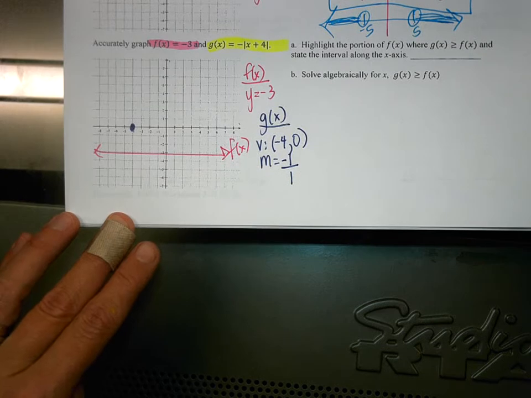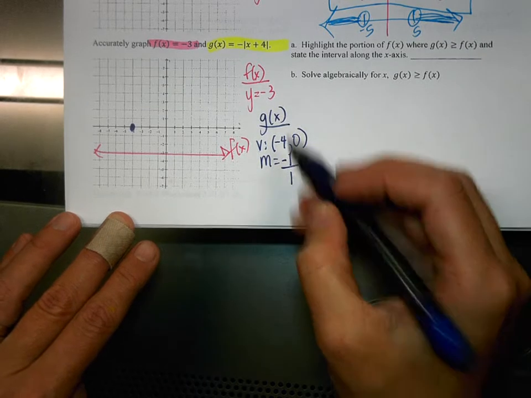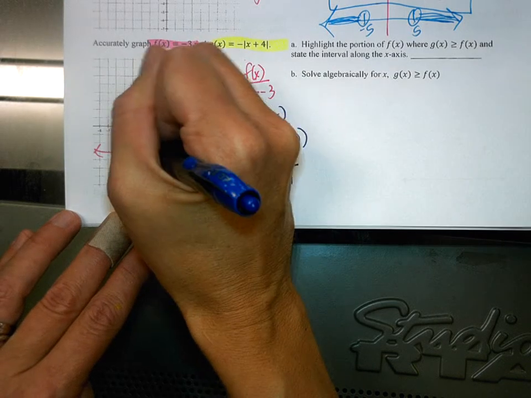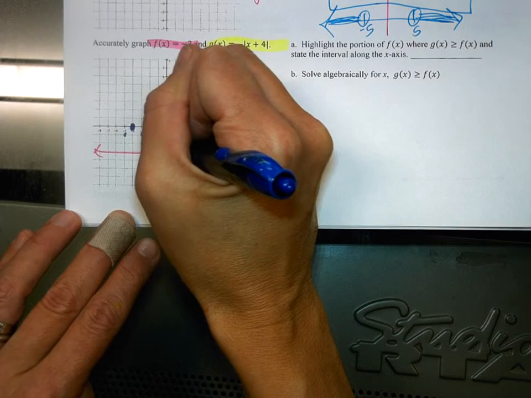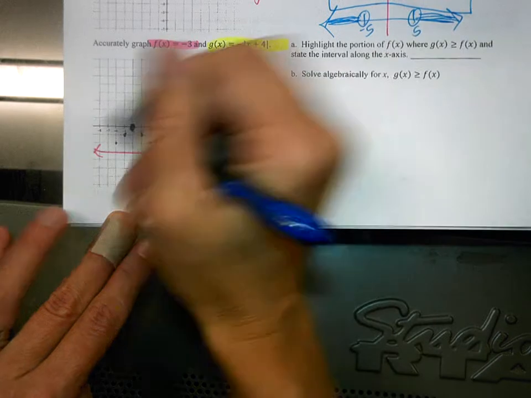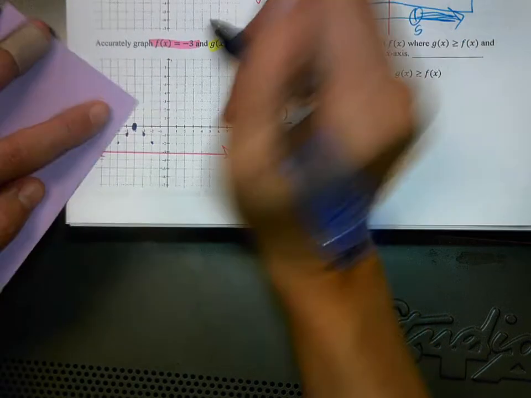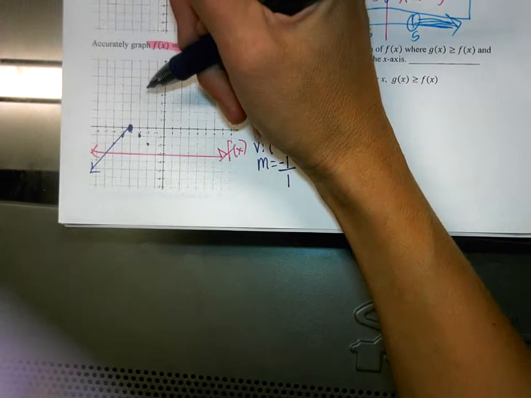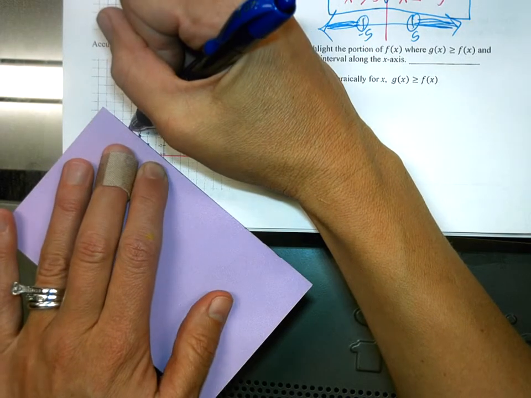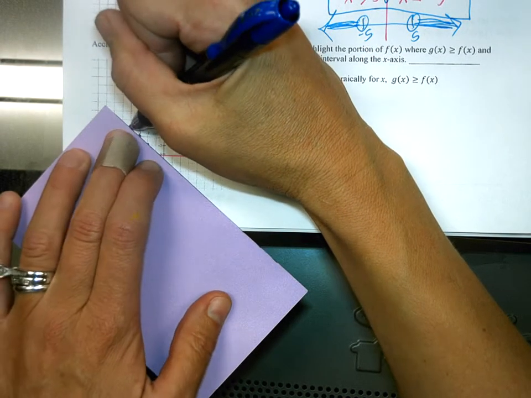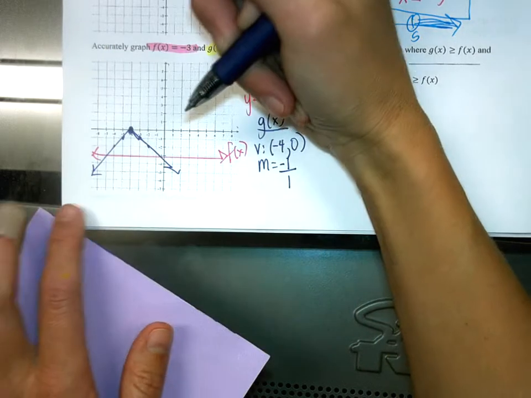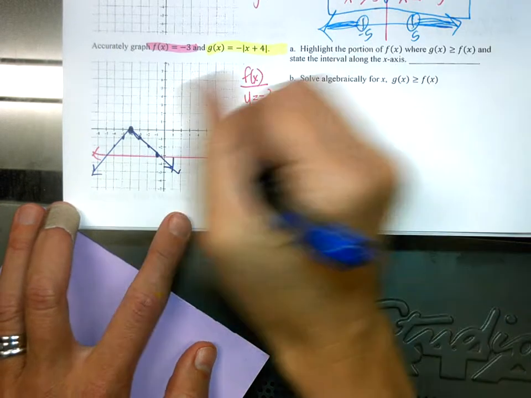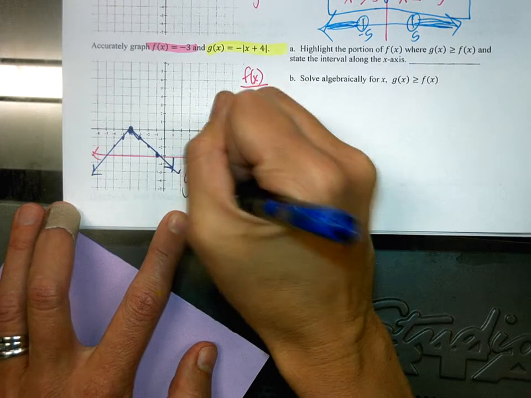How do you know that? The slope is negative. So we go down 1, right 1, and then across our line of symmetry to make our other point. And then we can do the other points, and we can draw our linear absolute value. Hopefully you can draw better than me. And we're going to label that as g of x.